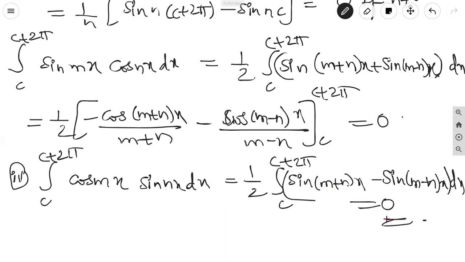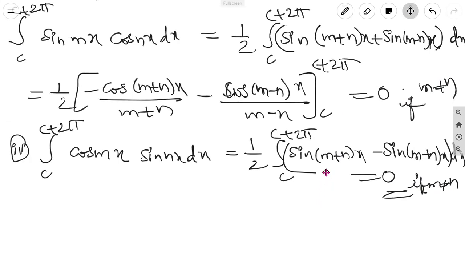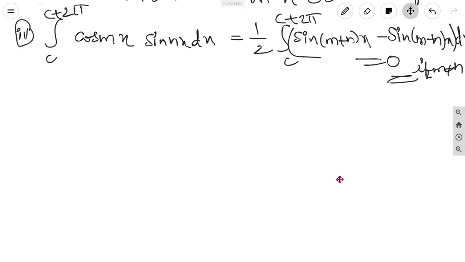Sin integration over the finite limit is 0. Here m is not equal to n, here also m is not equal to n. In these 4 cases the integral value is 0: the expressions of only sin, only cos, and sin with cos.